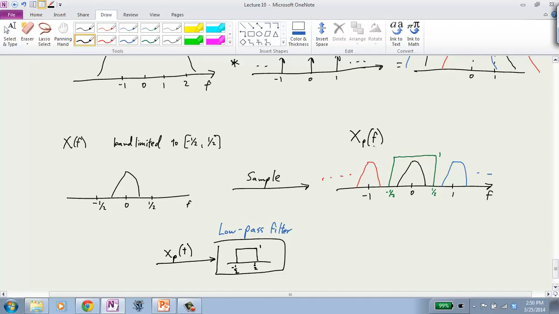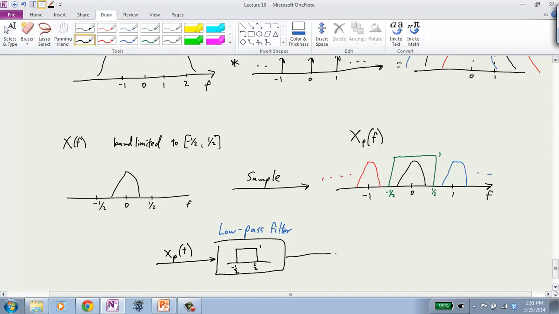We want to multiply that by a rect. What does that actually mean we do to x in time? Convolve with sinc, right? Multiply by rect in frequency. Ideal low-pass filter is convolve with sinc in time.